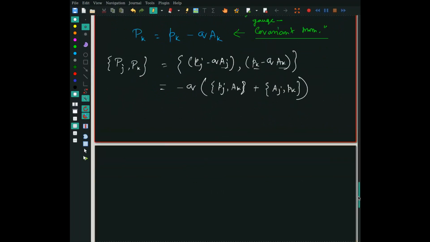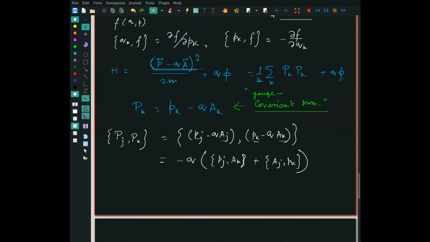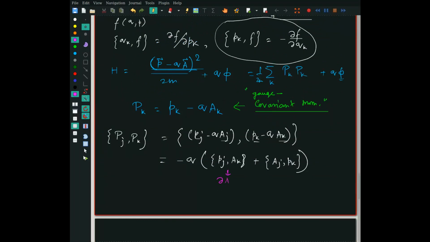So again, by using this rule here, that the bracket of pk with f equals minus del f del qk, this thing becomes del Ak del Xj, and this becomes minus del Aj del Xk.